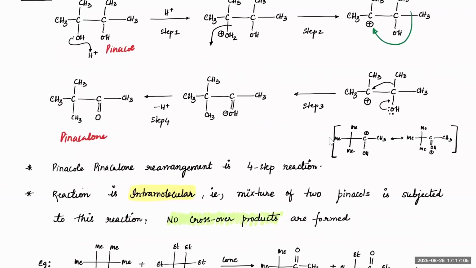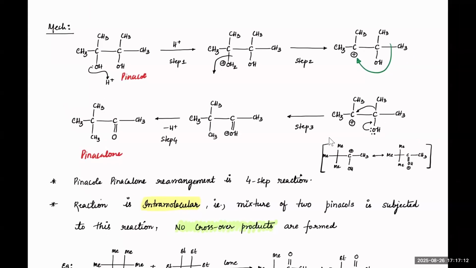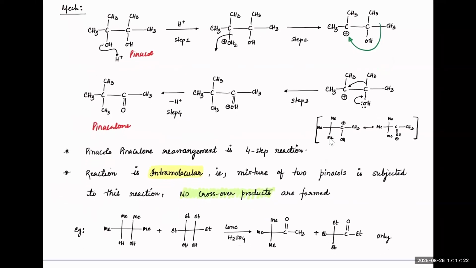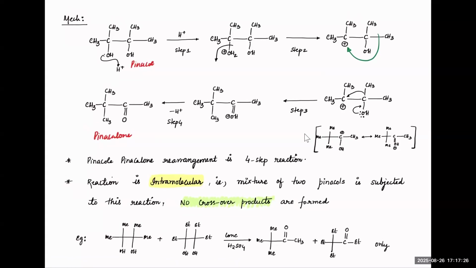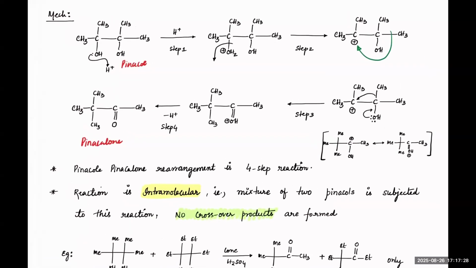So check out these reaction steps once. Basically there are four steps happening: step one, step two, step three, and step four. So check out those steps quickly once, beta. Then we'll go ahead.